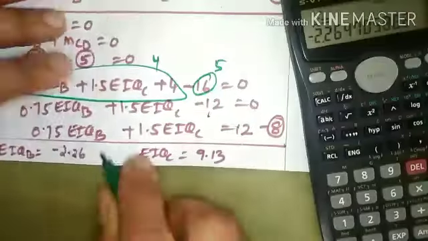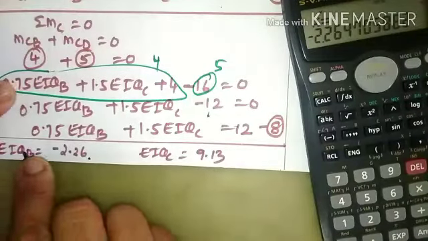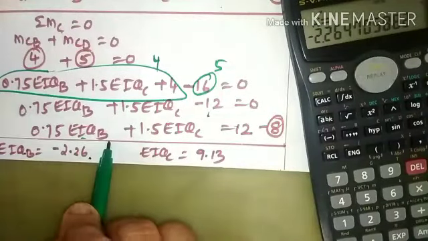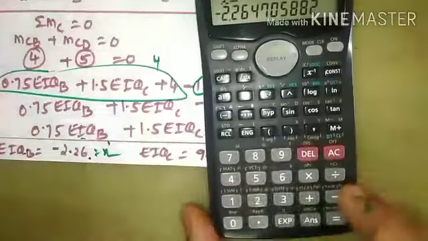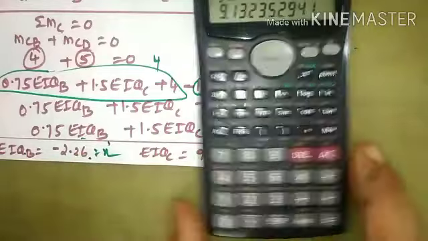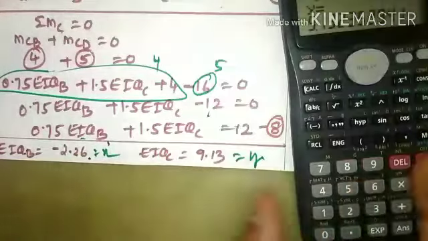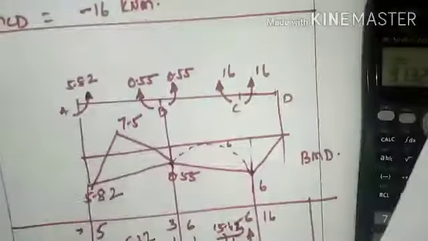So what you get is 2.26 for EI theta B, because EI theta B is first, so it shall be considered as X, and this shall be considered as Y. So EI theta B is 2.26 and EI theta C is 9.13. Once you get these values, substitute in the slope deflection equations.